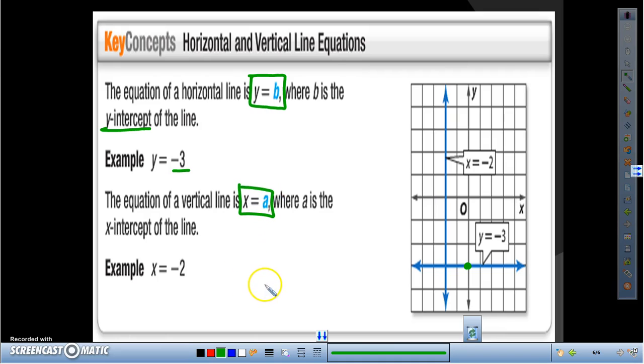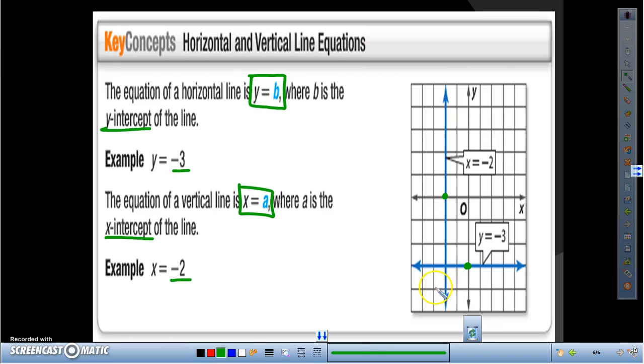Vertical lines are very similar. We have x is equal to some value, where that value represents the x-intercept of the line. Okay, if a y-intercept is where a line crosses the y-axis, then an x-intercept is where a line crosses the x-axis. So now we go to whatever the value is on the x-axis, plot a point, and draw a line through that point.